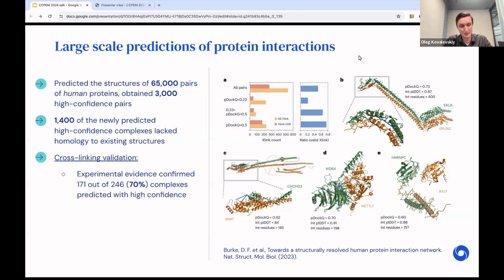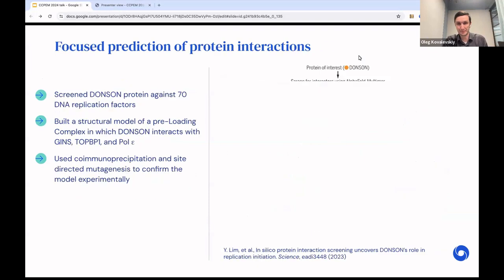Roughly half of them lacked homology to existing experimental structures. Researchers again combined AlphaFold predictions with cross-linking to validate predictions, and found that AlphaFold confidence metrics are extremely useful for quality control. For high confidence predictions, 70% of the interfaces fully satisfied experimental cross-linking data.